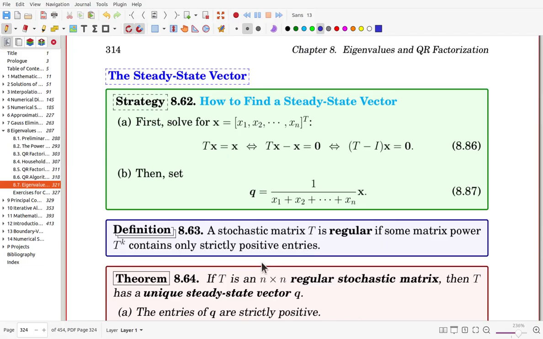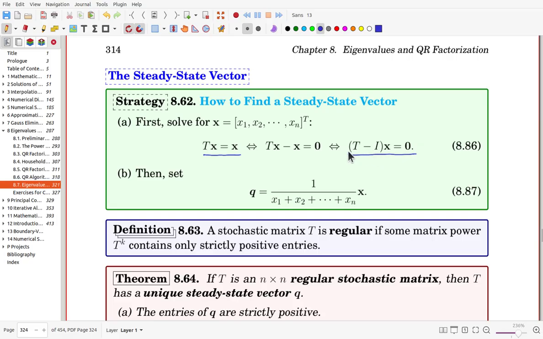Now, how to find a steady-state vector? By definition, the steady-state vector should satisfy Tx = x. Now, algebraic manipulation, and then we recheck that one. This is a homogeneous equation. x = 0 is a solution, but to get a non-zero solution, this must be singular.